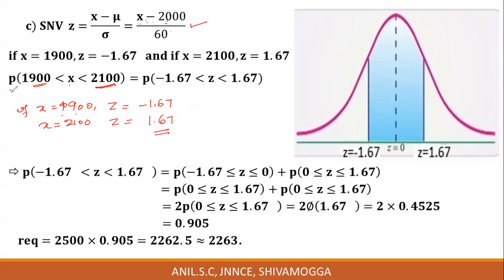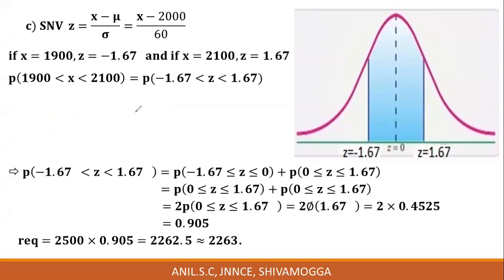Therefore, writing the probability P, 1900 less than x less than 2100 is the same as writing P where minus 1.67 less than Z less than 1.67. Both are the same.